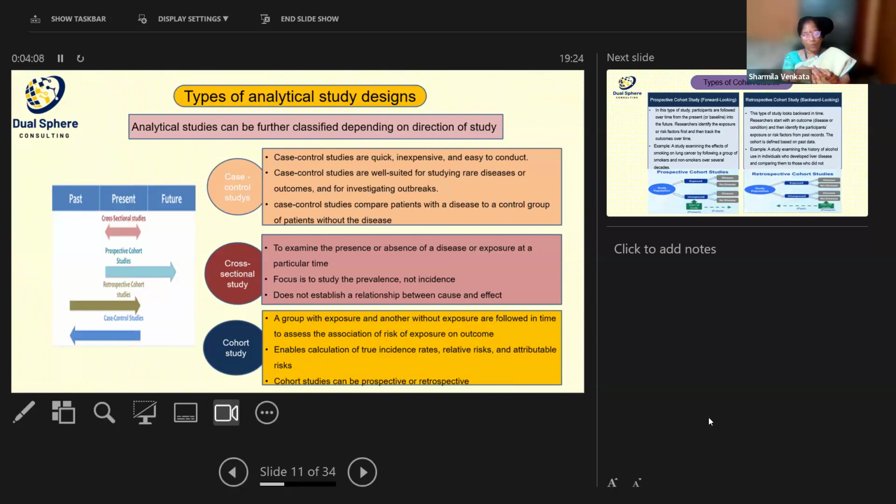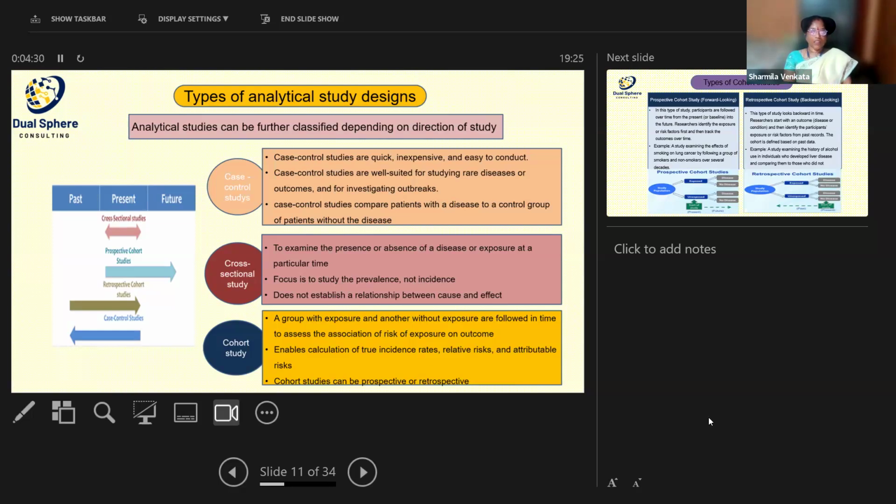There are pros and cons in this design. The pros are, case control studies are quick, inexpensive, suitable for rare diseases. If it comes to cons, recall and selection bias will be there.